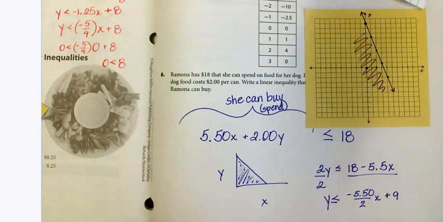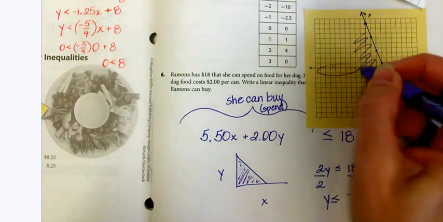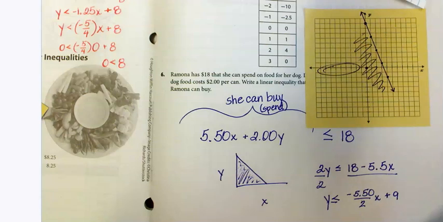Okay. Now I want to talk to you a little bit about this graph. This is an actual situation where you're using money for a real world situation. I'm not going to have any negative values over here because I'm not going to buy negative cans of dog food, negative bags of food or anything like that. Okay.